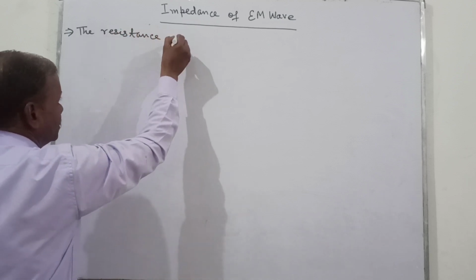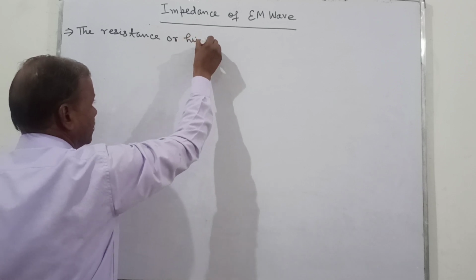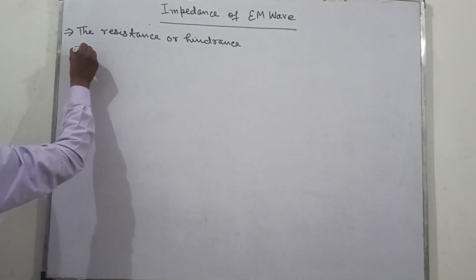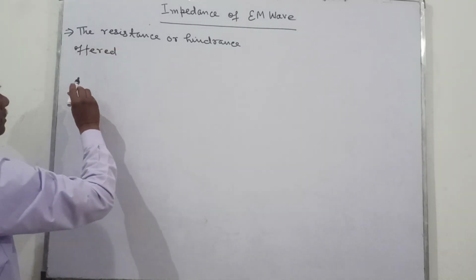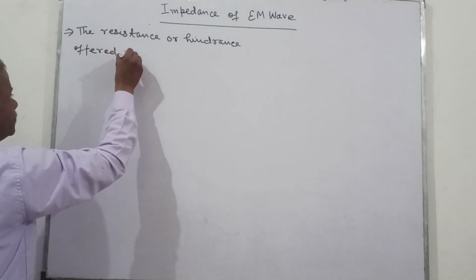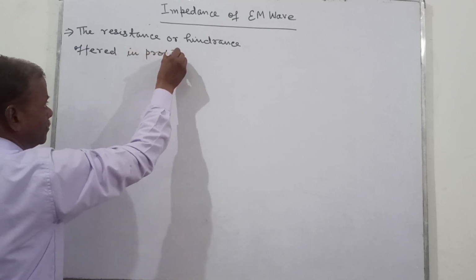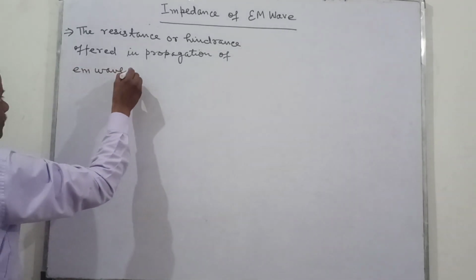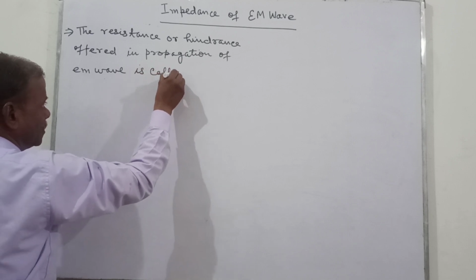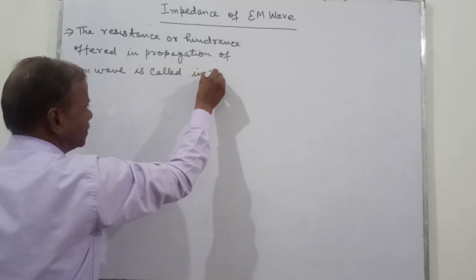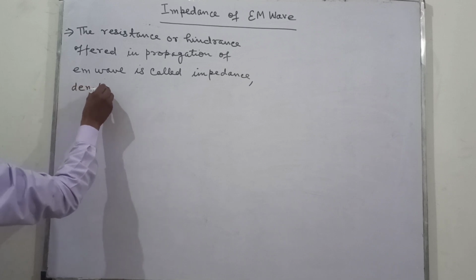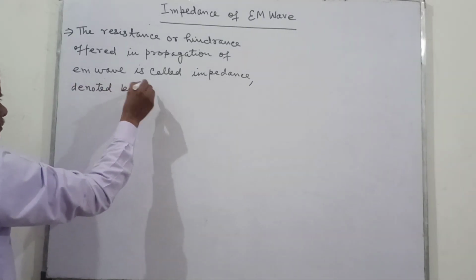The resistance or hindrance offered in propagation of EM wave is called impedance, denoted by Z.